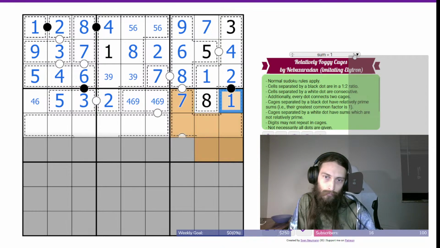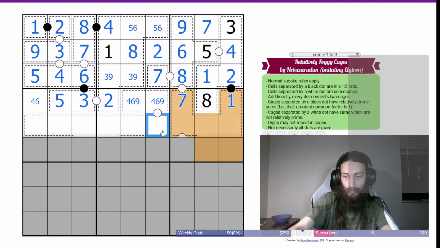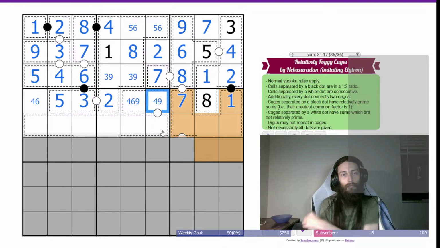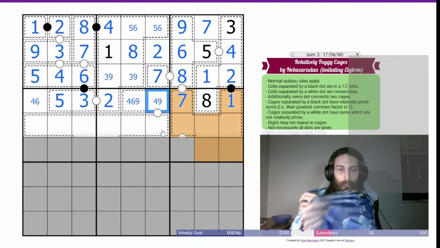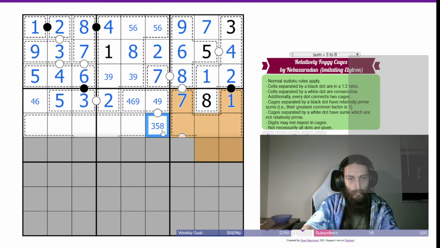In column 6, the white Kropke dot there in box 5, it can't be a 6 on top because it would have to be on the bottom 5, and that would break the 5 on top, and there's a 7 in the column. Right. 4 would have to go to... yeah.